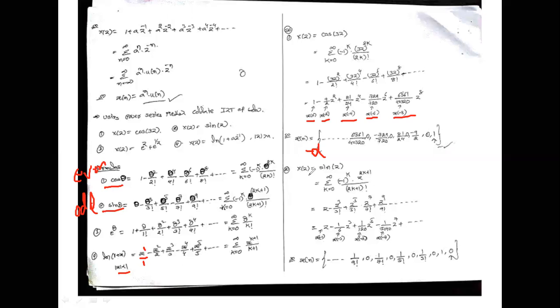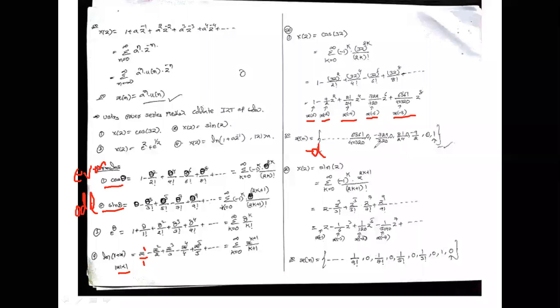And the second function, x of z is equal to sine z. We know the sequence of sine theta, sum of k equal to 0 to infinity, minus 1 whole power k, theta power 2k plus 1 by 2k plus 1 factorial.